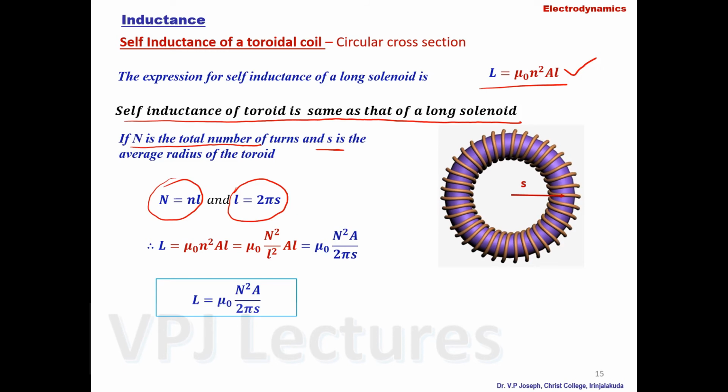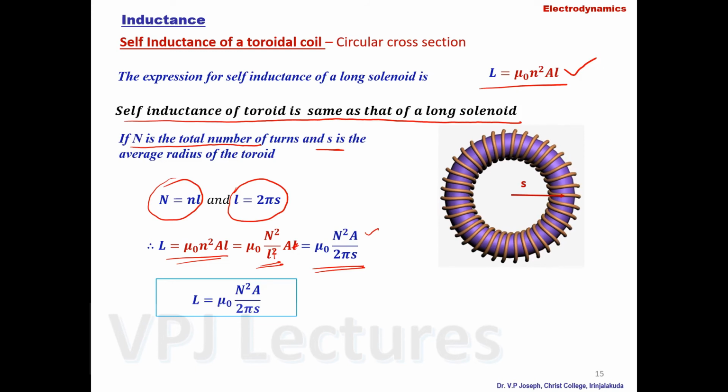And in place of the small n, we have to substitute the total N. So L is equal to mu 0 n square Al changes to mu 0 N square by l square, that is in place of small n square we have capital N square by l square into Al. So it becomes mu 0 N square A divided by l, since we cancel this l square and this l from this side.